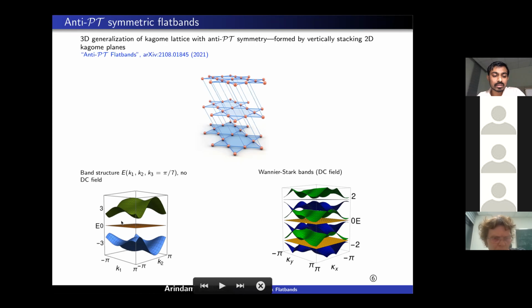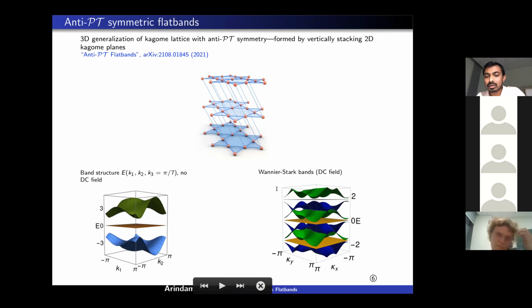Of course this is now a three-dimensional momentum space, which we cannot show, but we fix one of the momenta at some value, like K3 equal to pi by 7, and we show the band structure as a function of the two other reciprocal momenta. And we found that at exactly E equal to 0, we have a flat band.